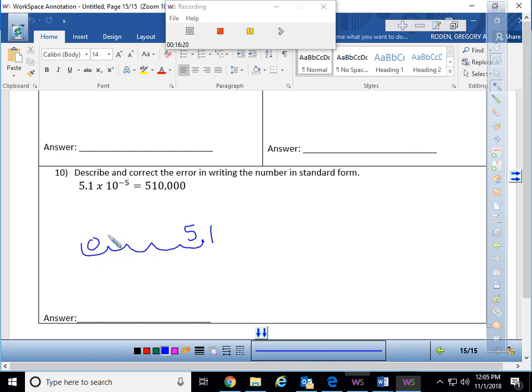So in your answer, you should say something about they moved the decimal in the wrong direction. It should have gone to the left because the exponent is negative, and the correct answer should be 0.000051. So the 4 zeros need to be in front of the 5-1, not after the 5-1.